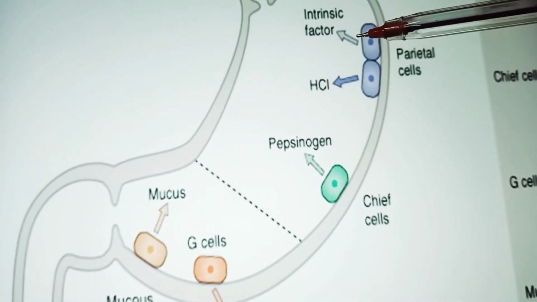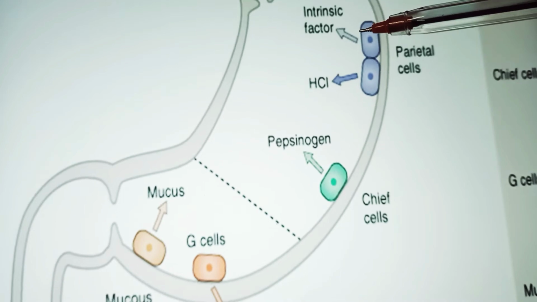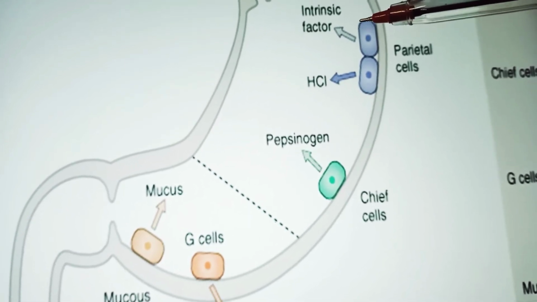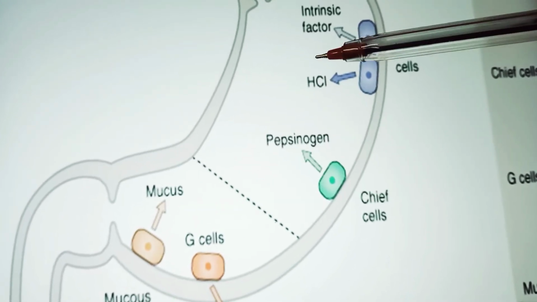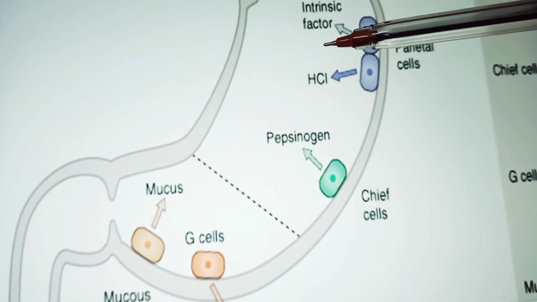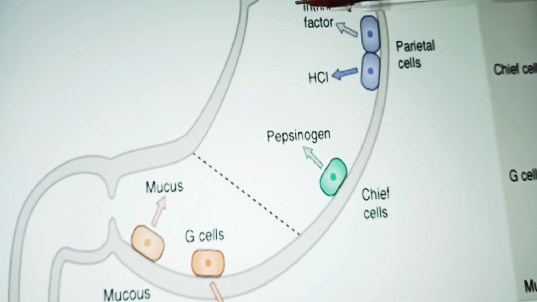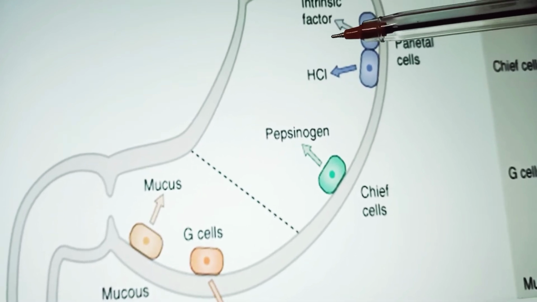Next, coming to intrinsic factor, it also comes from the parietal cell. It is a vitamin B12 binding protein, which is required for B12 uptake, especially in the terminal ileum. This can be decreased by somatostatin, GIP, and prostaglandin.